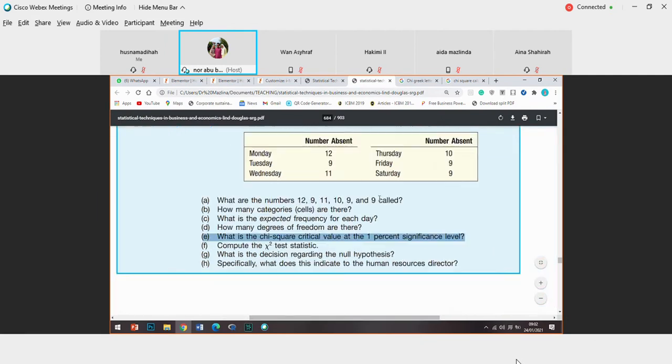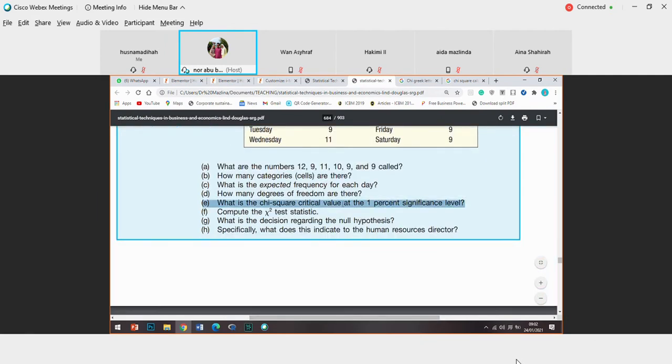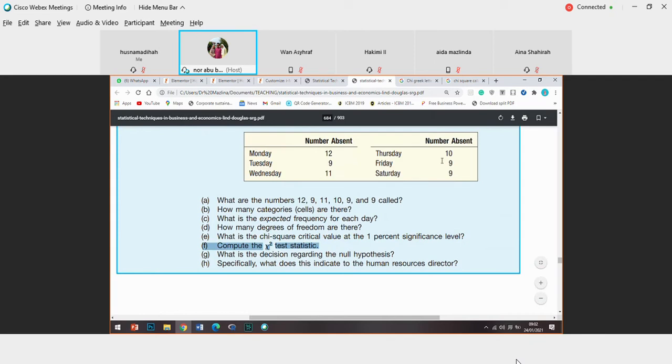Okay, now the chi-square critical value nanti awak cari, okay? And then compute the x squared test statistic. So you need to do the calculation as shown in the table earlier. And then what is the decision regarding null hypothesis, okay, based on whether you reject or do not reject. And then what does this indicate to the human resources director?